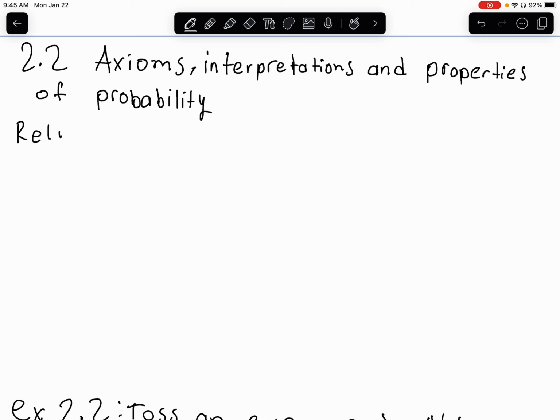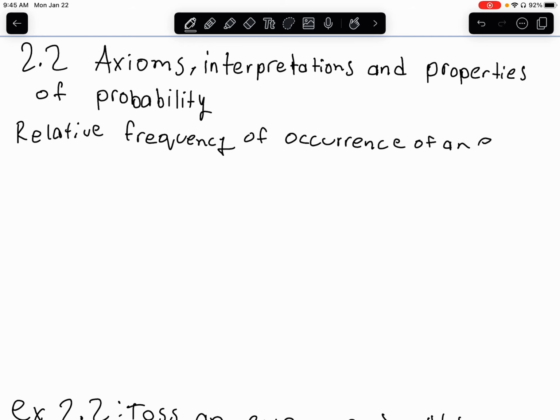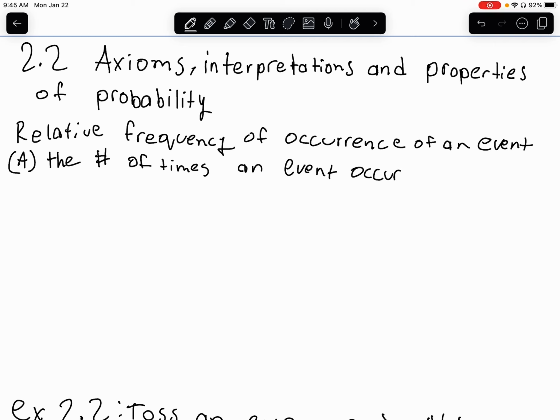The relative frequency of an occurrence of an event A can be defined as the number of times an event occurs divided by the total number of times the experiment is conducted.